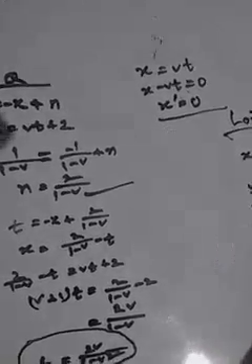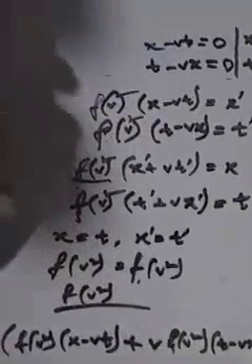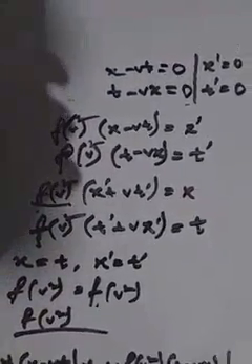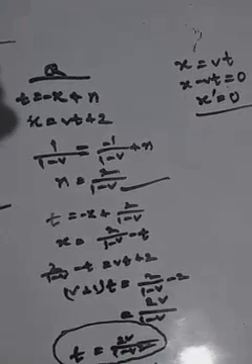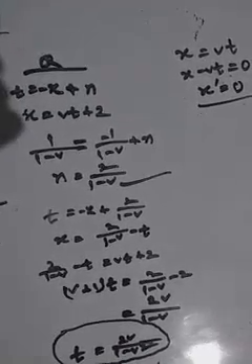But z' equals z, and here the motion is along the x direction, and f(v²)(t − vx) equals t', and t' equals 1 by root over 1 − v² times (t − vx). These are the Lorentz transformations when c equals 1.